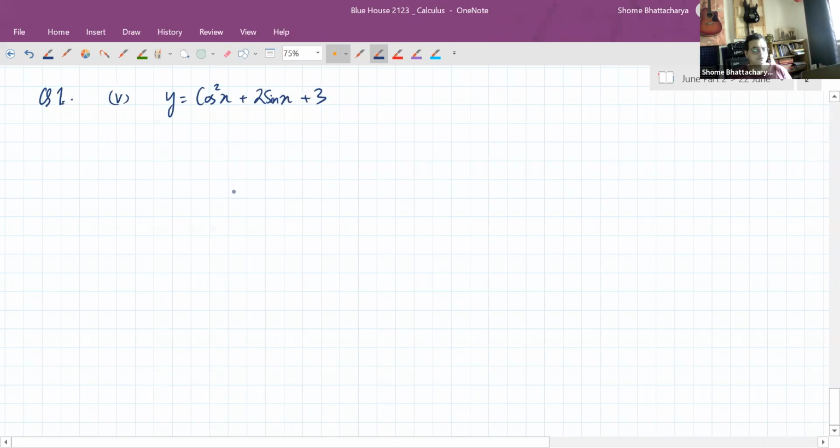Now see, here also we can understand that it's a periodic function. So local maxima and minima will be global maxima and minima. But we can also see that we can convert this to a quadratic function in sine. Okay. So we can also make use of that.